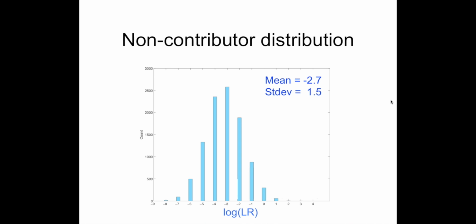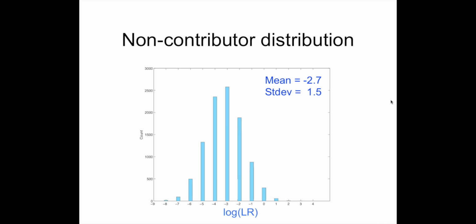And what this shows us is the distribution of log likelihood ratio of the match statistic when compared with someone who did not contribute their DNA to this evidence, someone who is not actually this contributor.